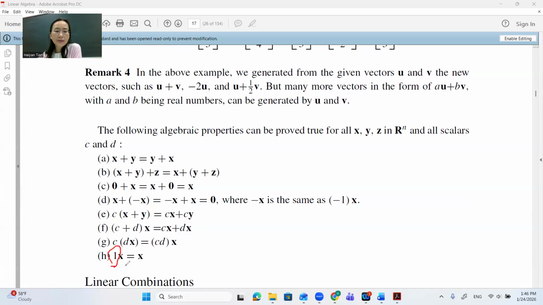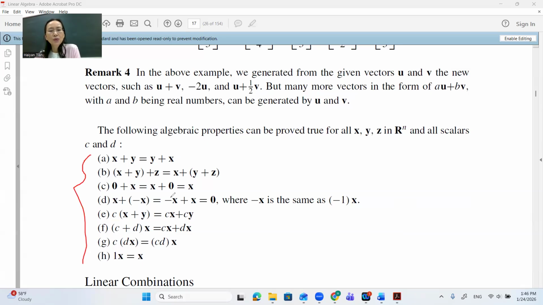If you use 1 times x, then it's going to be still x, because each entry of x times 1 is still the same as the original entries. So x will be the same. So these properties are very easy to verify. If you want, you can easily verify.